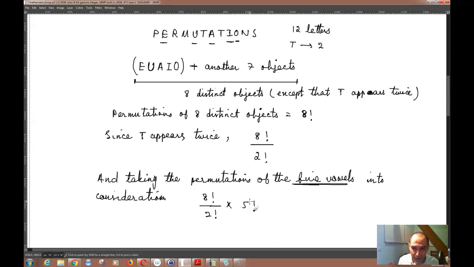So that means that then you can write 8 factorial times 2 factorial times 3 times 4 times 5, and divide that by 2 factorial, and then you could simplify these two.